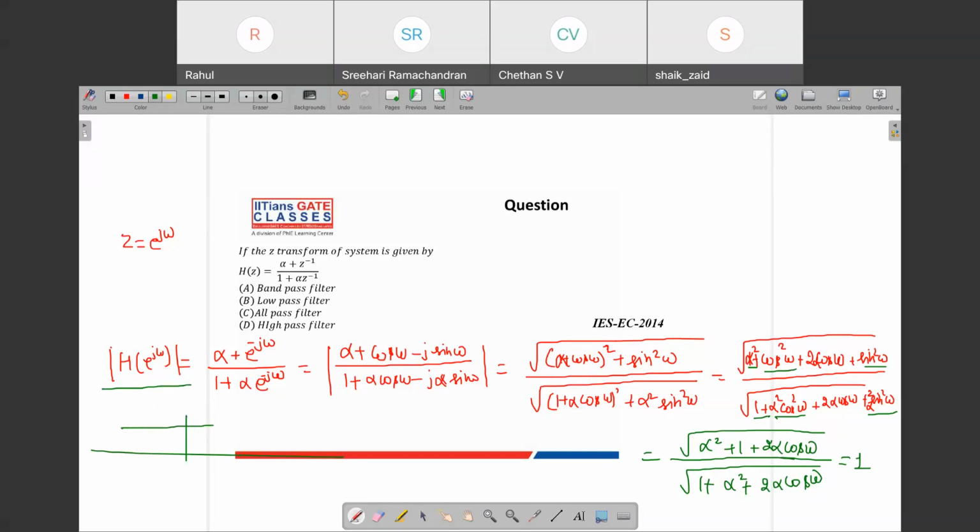That means this is an all pass filter because it is passing all the frequencies. Generally, whenever you see a system in this format, alpha plus z inverse over 1 plus alpha z inverse, this filter is always an all pass filter.